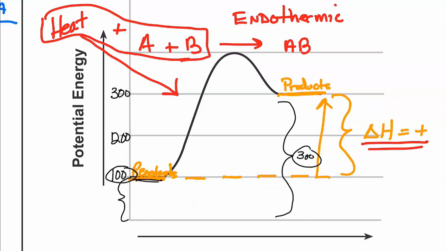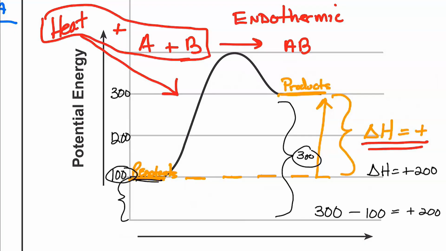So obviously we went up 200. So delta H is equal to a positive 200. Don't forget that delta H has a definition, and delta H is the potential energy of the products, in this case 300, minus the potential energy of the reactants, in this case 100, and that gives you positive 200. All right, so don't forget all of that.